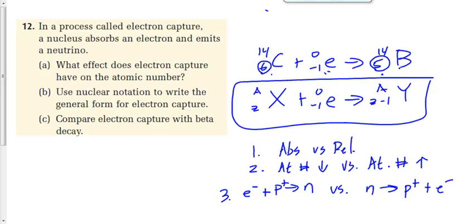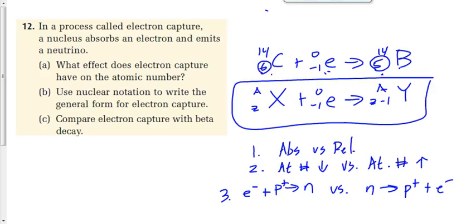Make sense? You're going to have to answer a question about electron capture on your exam? I don't know. It's not a curriculum objective in Physics 30. What I can tell you with certainty is they're not going to say something about electron capture without giving you information like this.